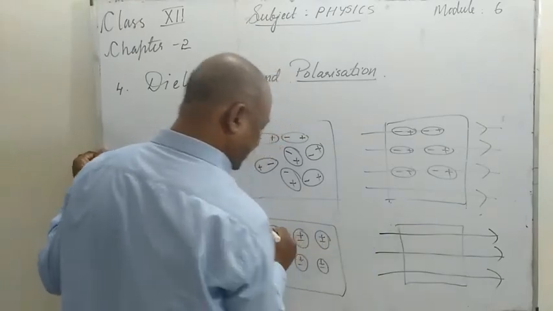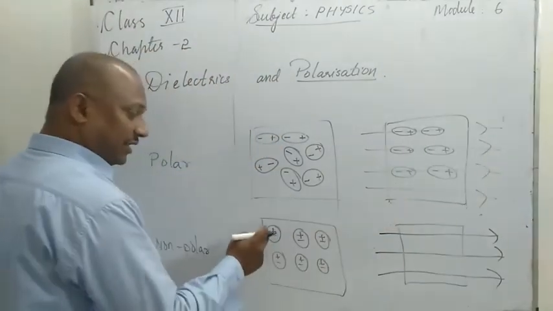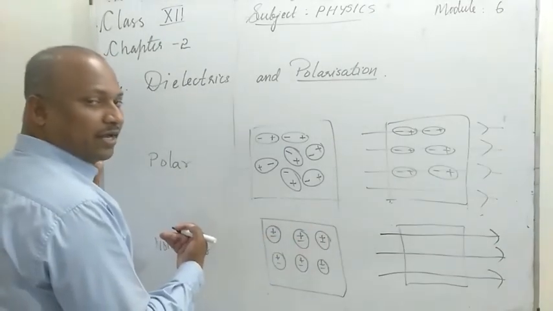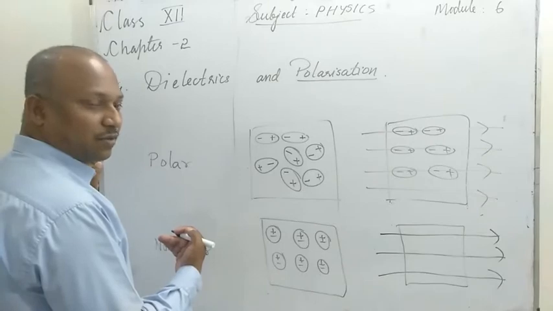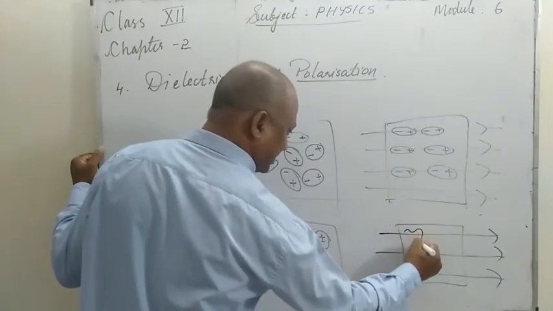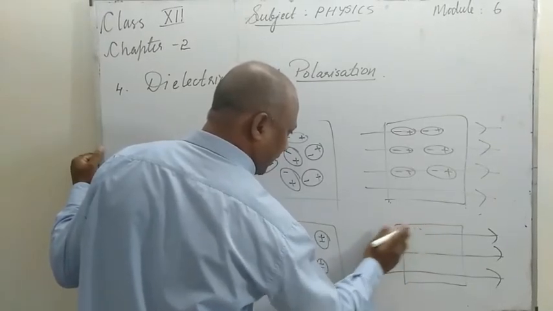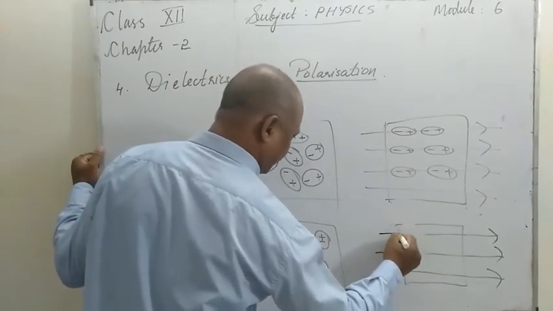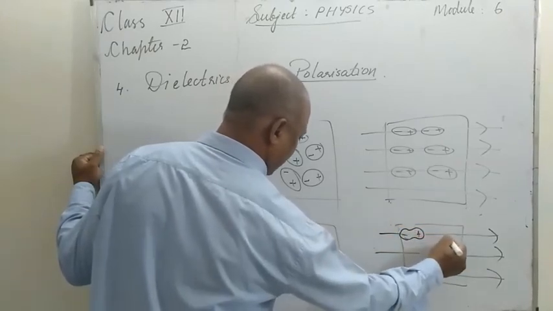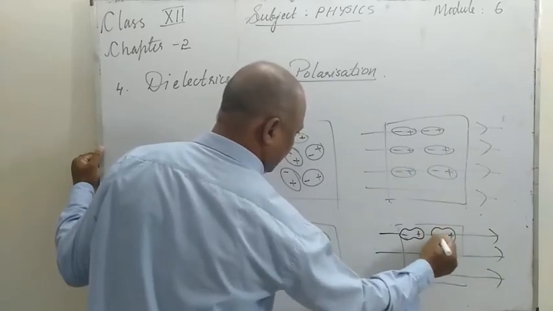As their charge centers, the positive will experience a force in the direction of the electric field and the negative will experience a force in the opposite direction, so you will get some induced dipoles here. So a dipole is induced.